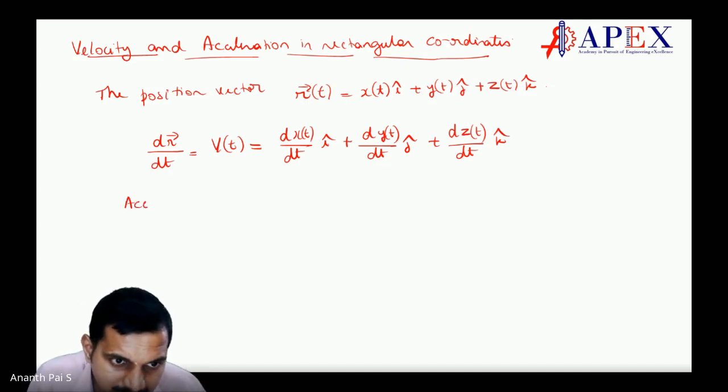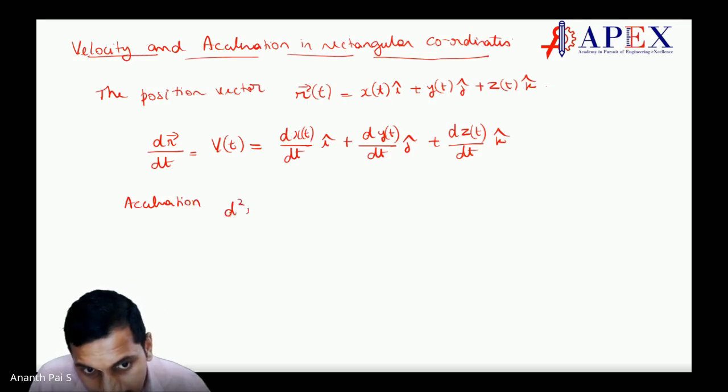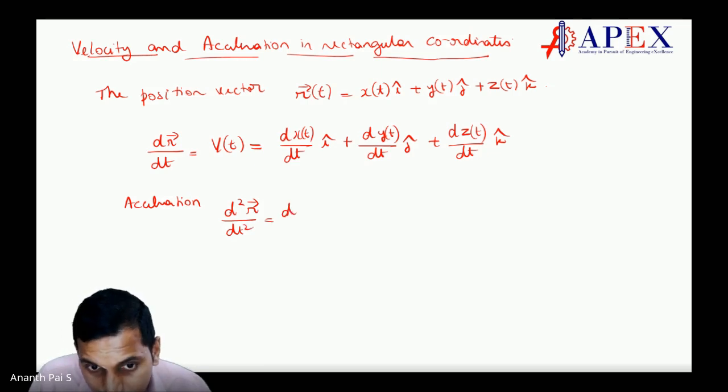What is acceleration? Simple and straight. There is nothing great in that, which you knew already. It is d square r by dt square, which is equal to dv of t by dt.